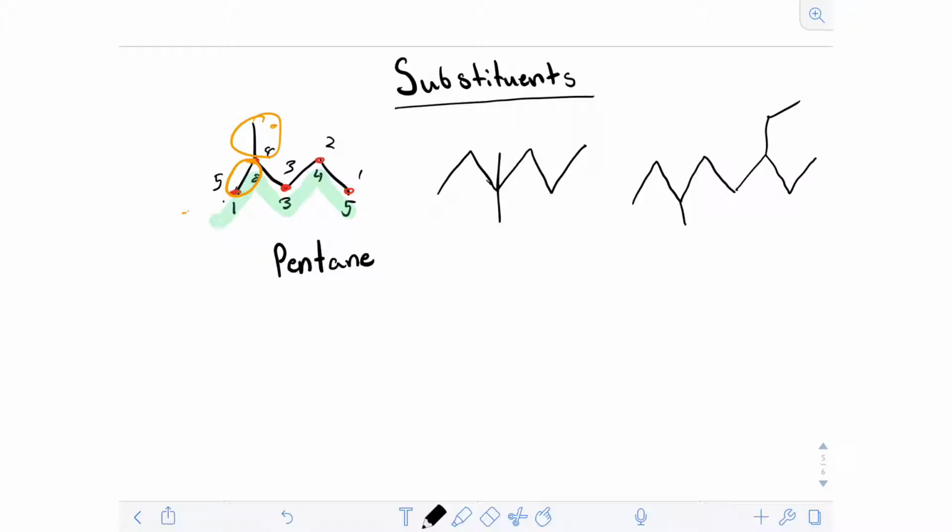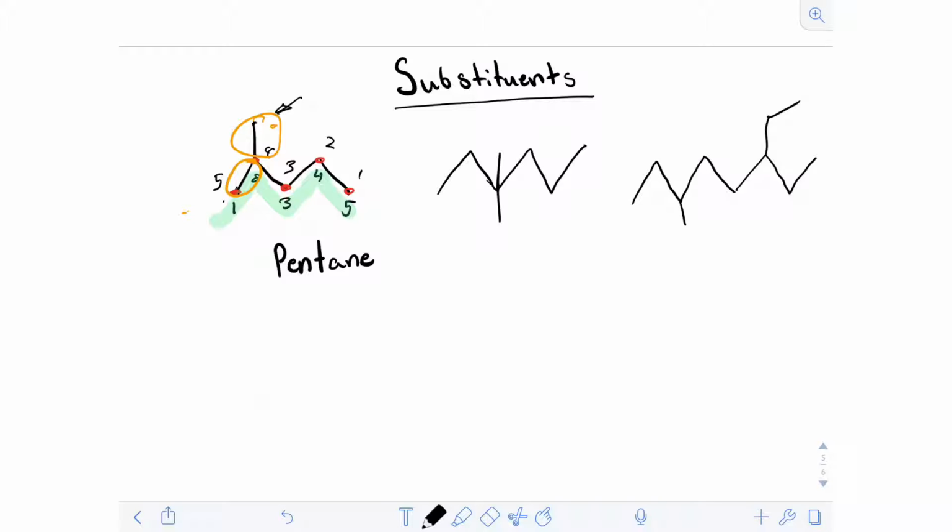Then we're going to look at our substituent, which is where this methyl is up top right here. We know this is a methyl because there is 1 carbon hanging off.